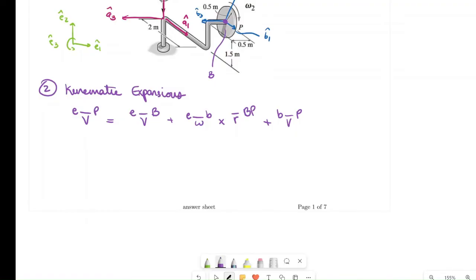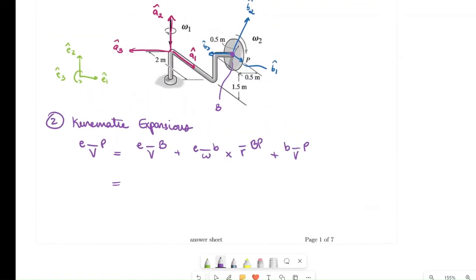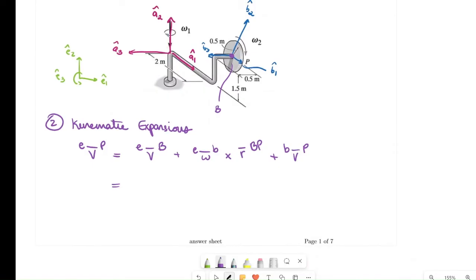So the velocity of B with respect to the E frame is given by the following. You can find this in two different ways. One way is you can do BKE. So you can just say the velocity of point B with respect to the E frame is going to be the time derivative of the distance from some point O to B with respect to the E frame. And then I'm going to add all the other stuff in.